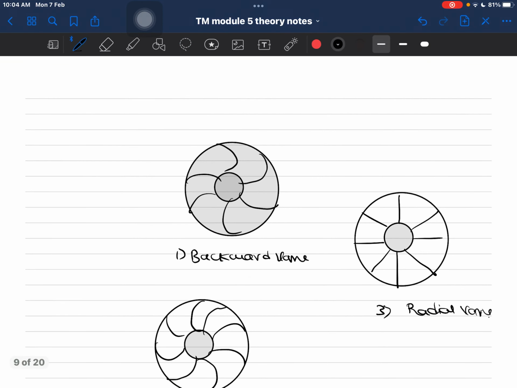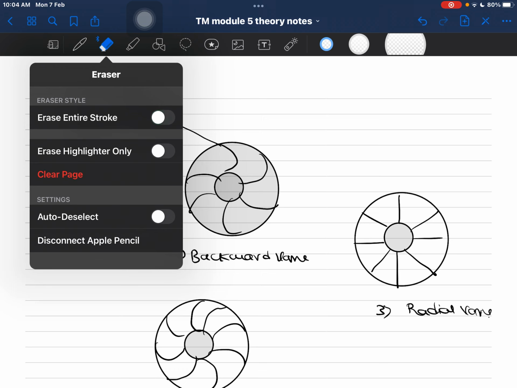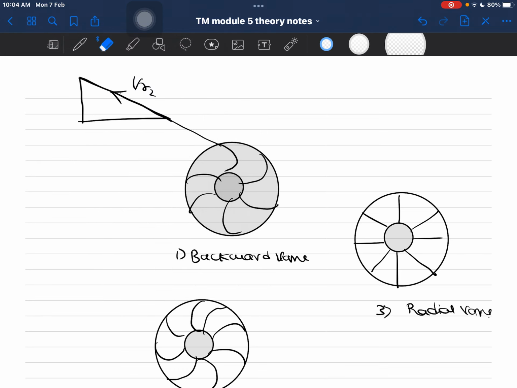The velocity triangle would go like this, and this would be your Vr1, the outlet Vr2, this is Vm2, and V2 would be somewhere here.